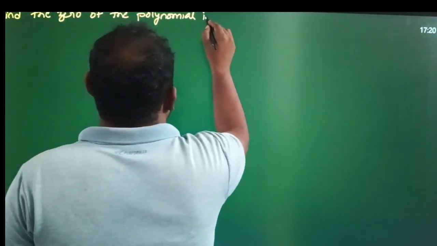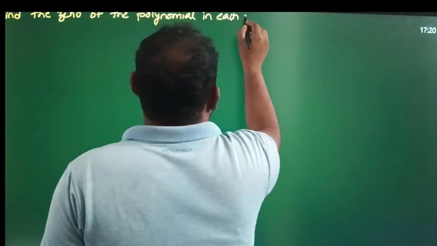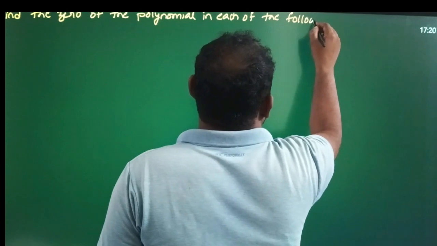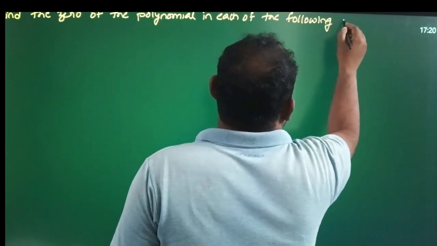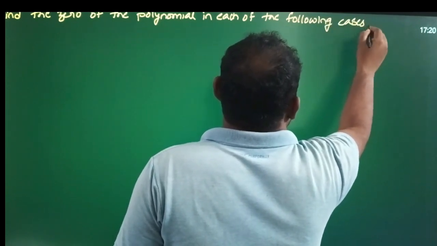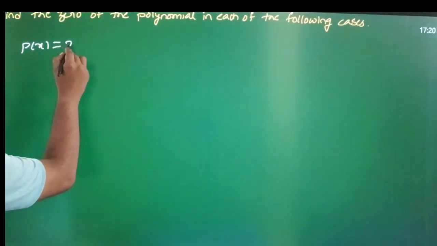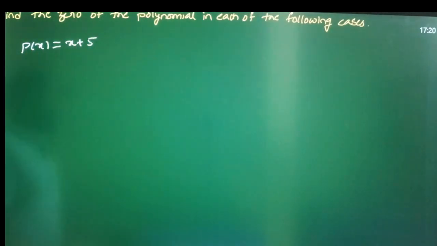Find the zero of the polynomial in each of the following cases. First one, p of x equals x plus 5.